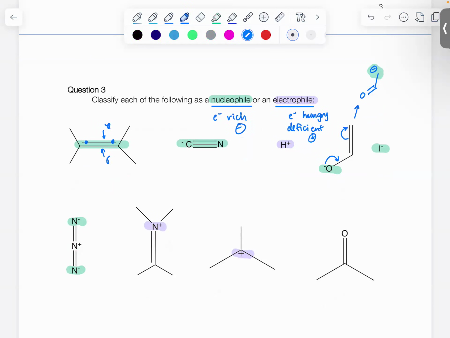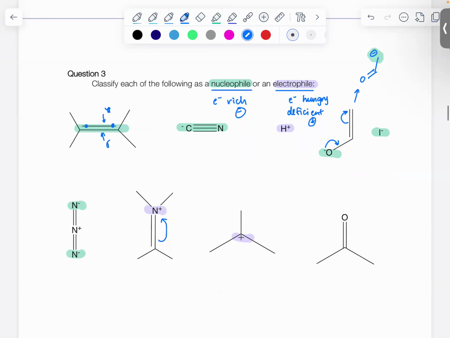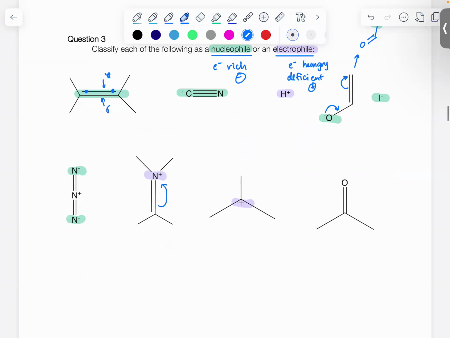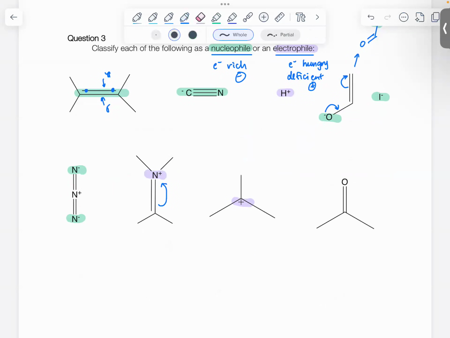We can do the same thing with this imine here, where we can use the double bond to give electrons to, oh, and I have it labeled incorrectly. Sorry, guys. We can use the electrons from the pi bond to give us this structure here.